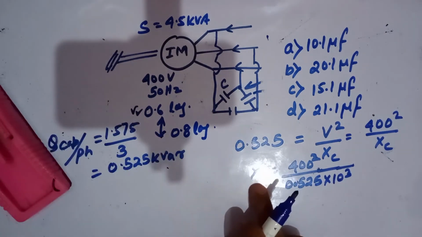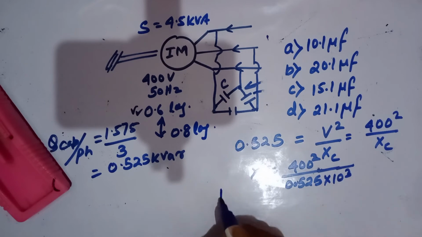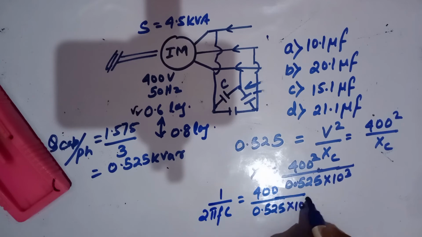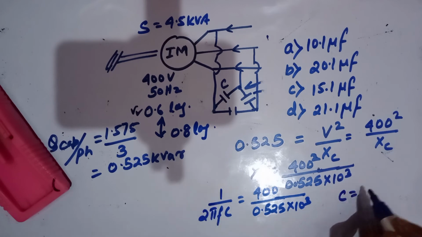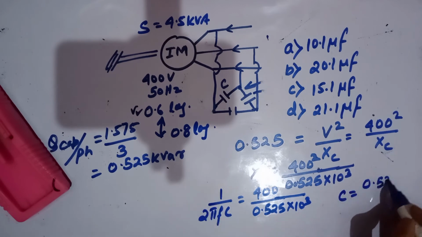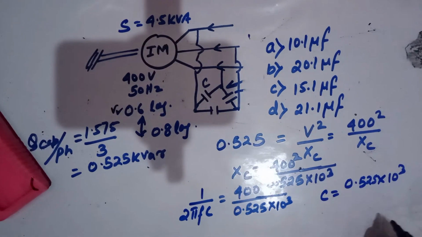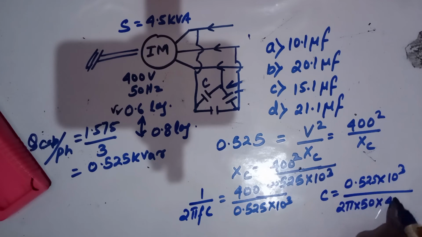This XC is nothing but 1 upon 2 pi fC, and that is equal to 400 square upon 0.525 into 10 raised to the power 3. So for the capacitance calculation, just do the reverse order: 0.525 into 10 raised to the power 3 upon 2 pi f, where f is 50, into 400 square.